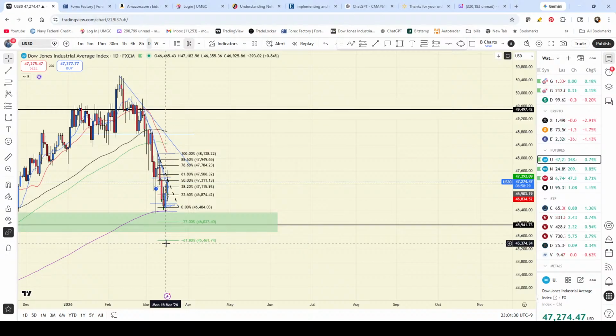I'm always gonna go for the highest TP, and then I'll eyeball it. You know what I'm saying? So I'm gonna put that 446 1 for all my TPs. 45461.